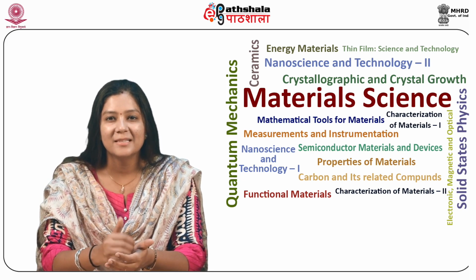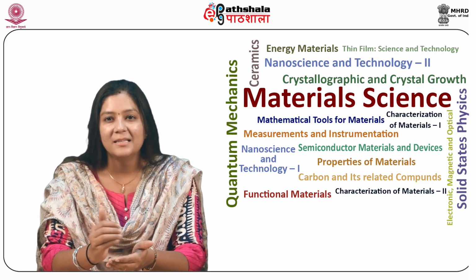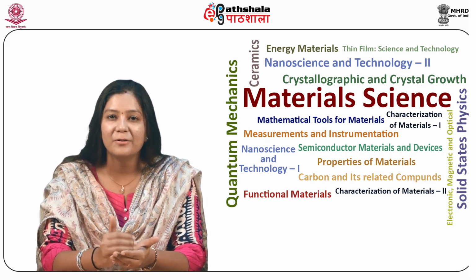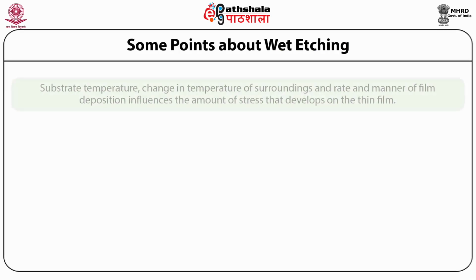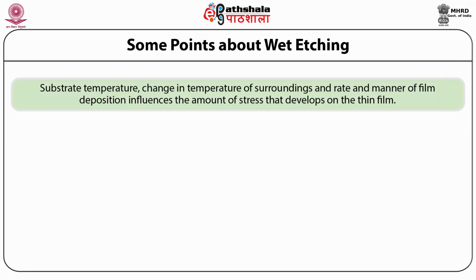Using a negative resist can help us, as these resists get toughened due to polymerization induced by the irradiation. Substrate temperature, change in temperature of surroundings, and the rate and manner of film deposition influence the amount of stress that develops on the thin film. This stress alters the rate of etching, and it increases for high stress.